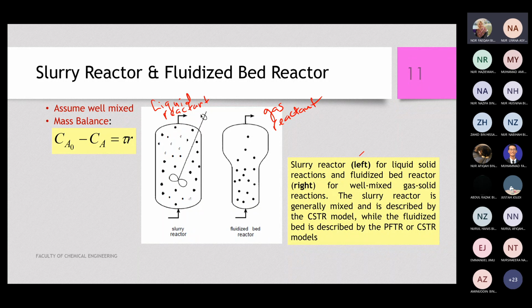And if you look at the mass balance, we can model it as a CSTR. Model as CSTR. Packed bed reactor, model as PFR.